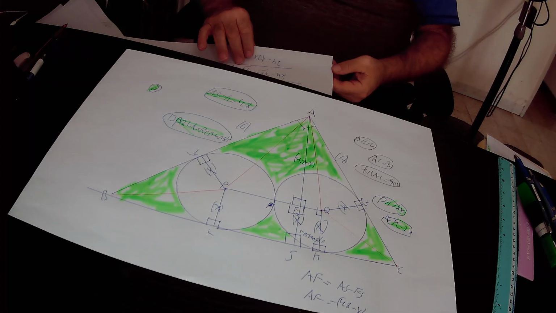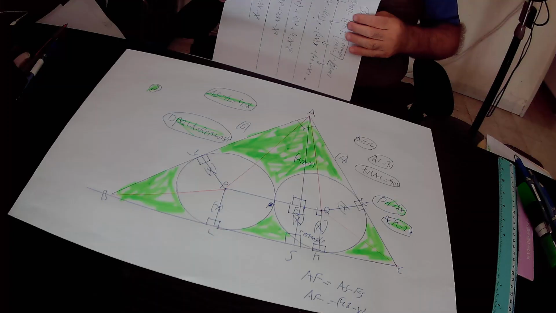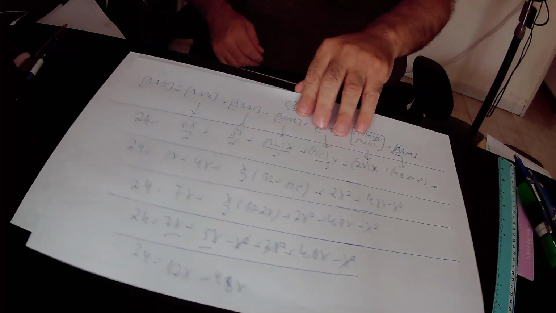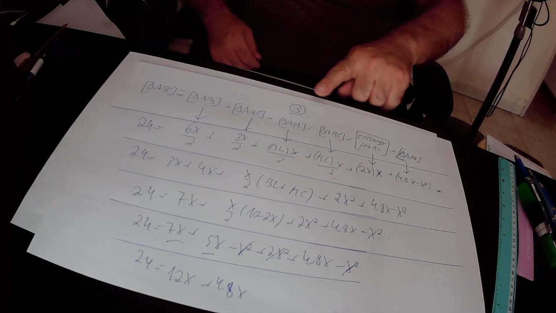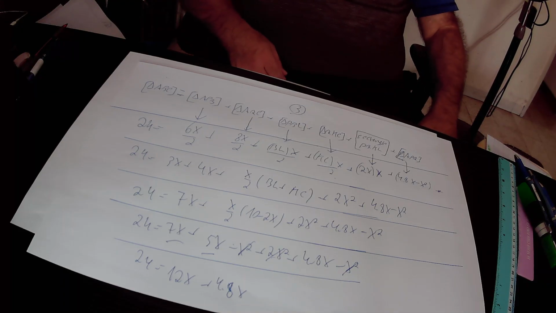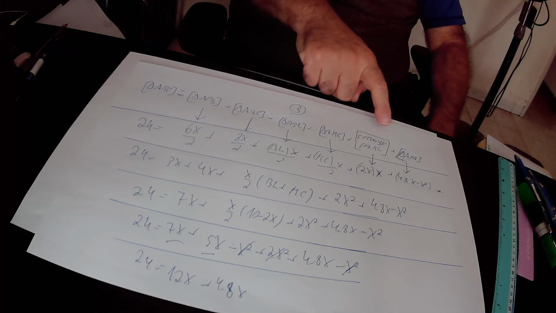And again, the area of the triangle ABC must be equal to the sum of the 6 shapes that it consists of. 1, 2, 3, 4, 5, 6.